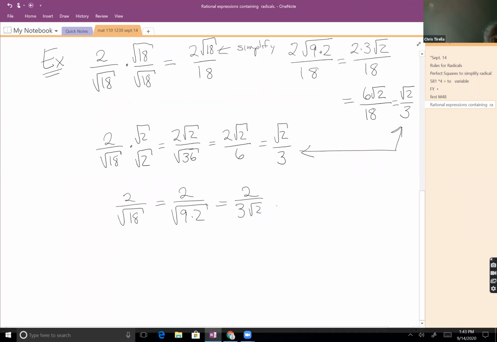And then you can multiply top and bottom by radical 2. Most people don't do that first, though, because it just seems easier to find the smaller number to multiply by. But it'll take us to exactly the same place. 2 radical 2 over 3 times 2 would give me 2 radical 2 over 6, or radical 2 over 3. It would work. It would take you to the same place.